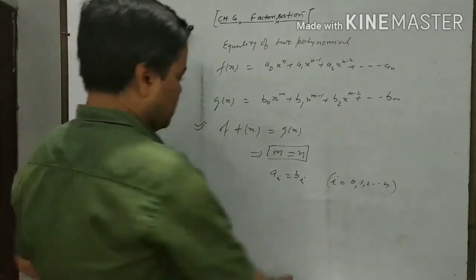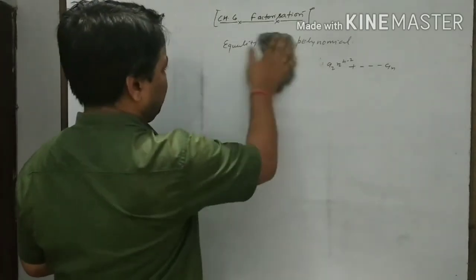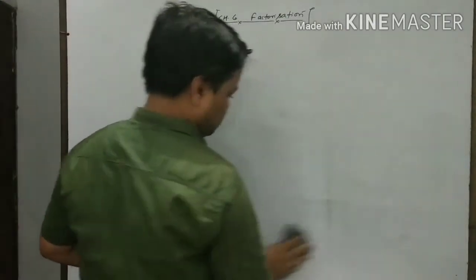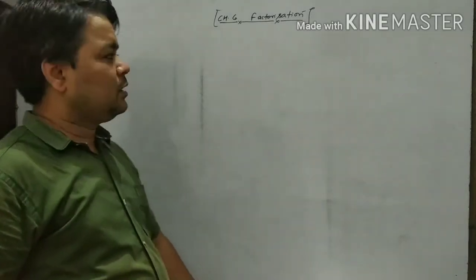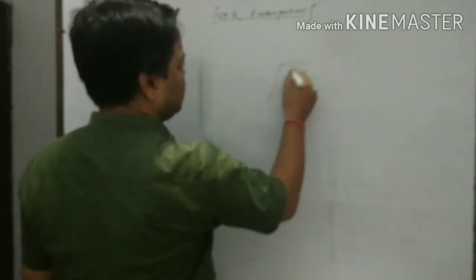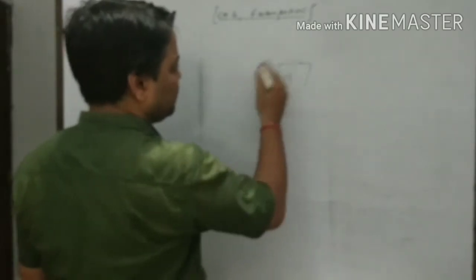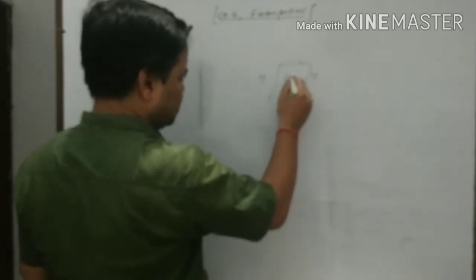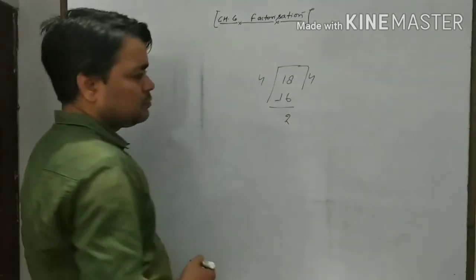Now I am going to discuss a very famous rule, whatever we discussed in class 6, 7 and 8. You just remember here, if 18 is divided by 4, then 4 fours are 16 and here the remainder will be 2.